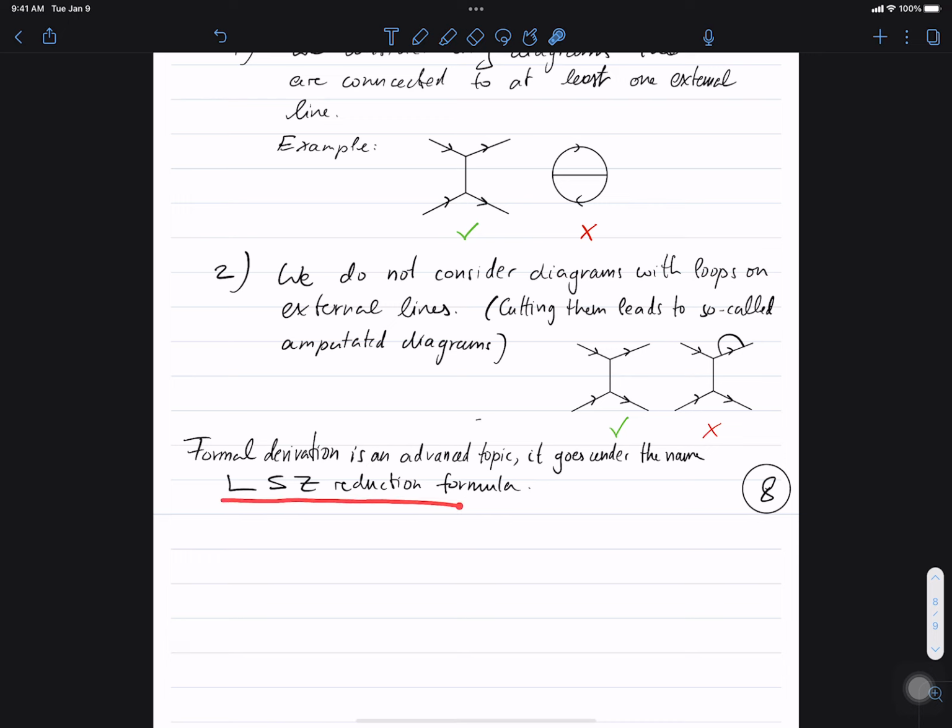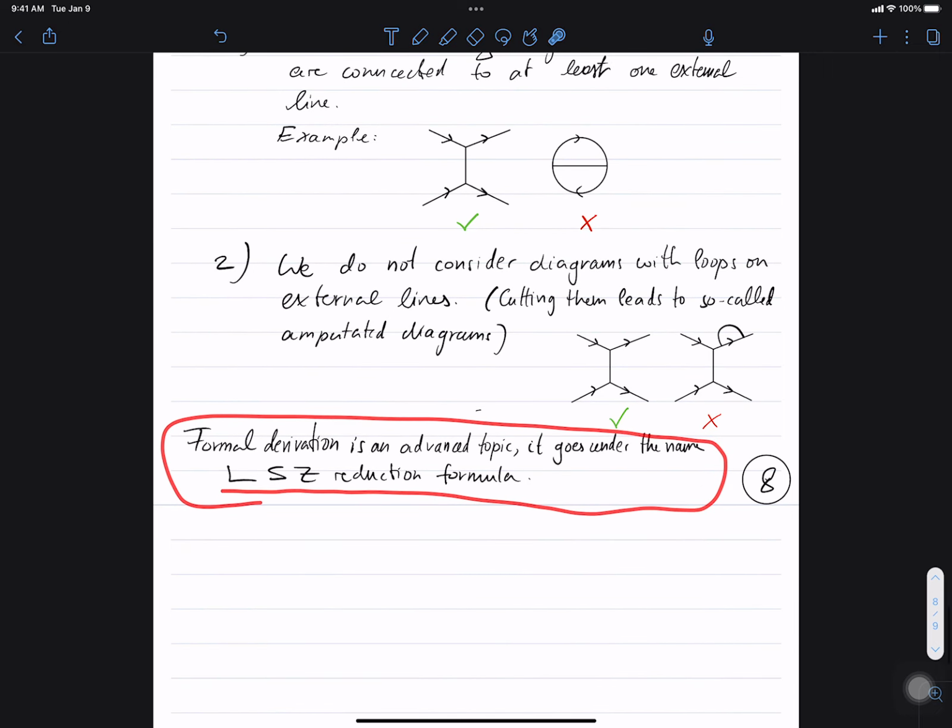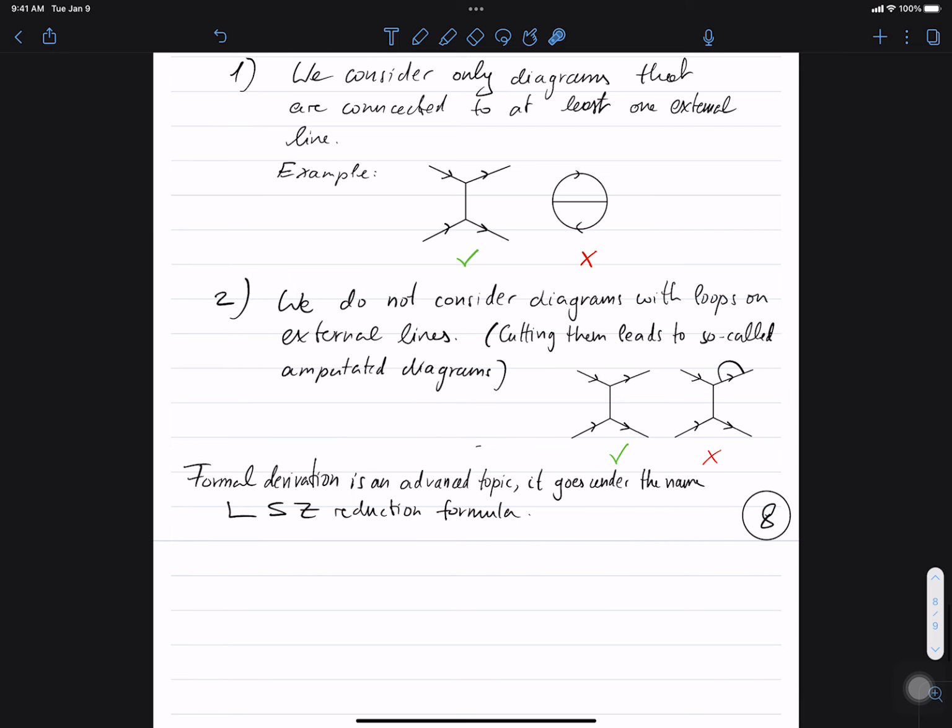Overall, this procedure is called the LSZ reduction formula, which shows that indeed only those diagrams with amputated external loops and no disconnected vacuum bubbles contribute to our amplitudes. These are the rules to construct diagrams and write down amplitudes based on the Feynman diagram technique. And in the next lecture, we will see how they are used to actually extract physical observables out of them.